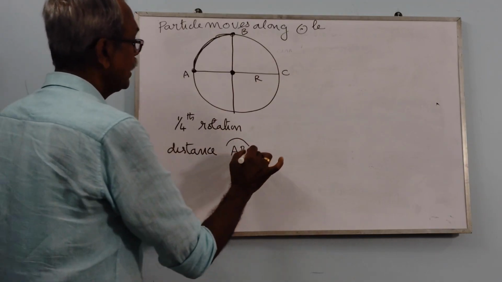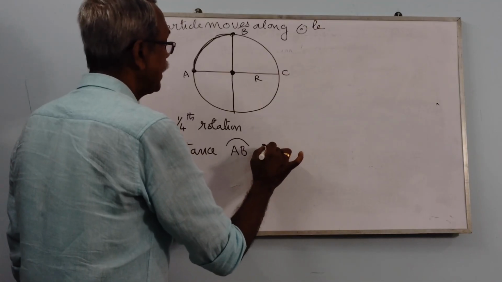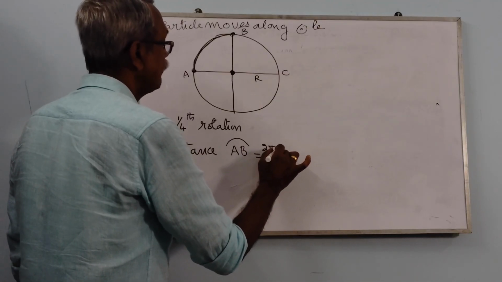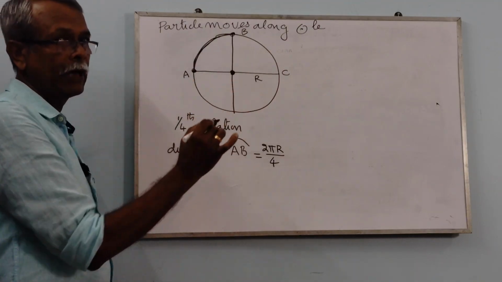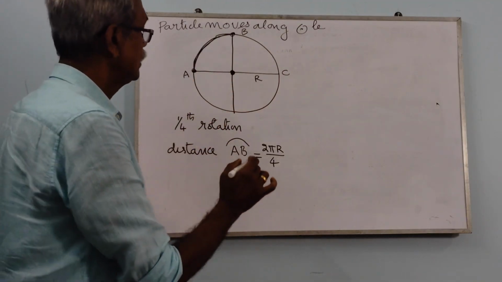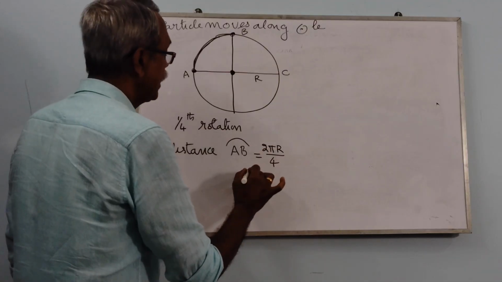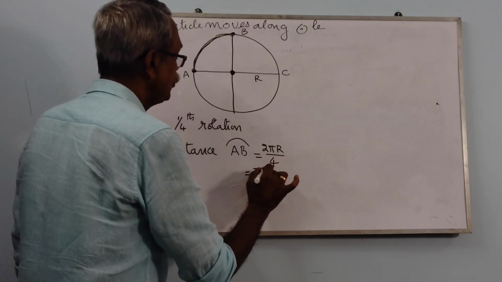That is clearly 2 pi r divided by 4, because the total is 2 pi r, and 1/4 of that will be equal to pi r divided by 2 meter.